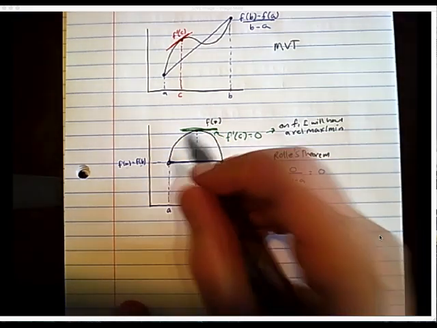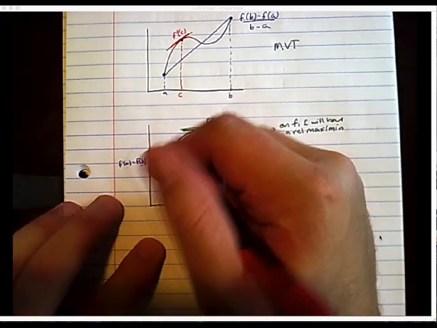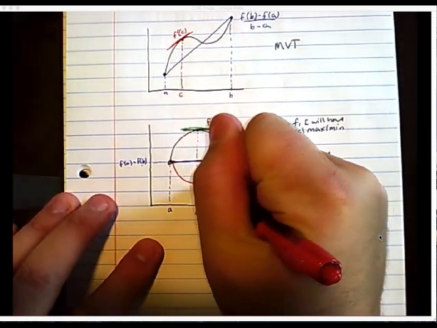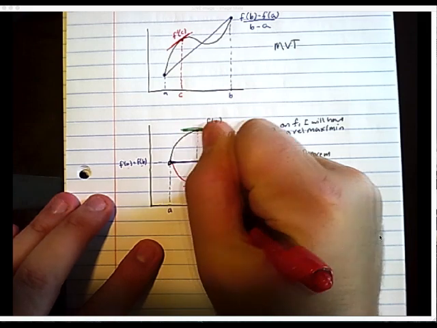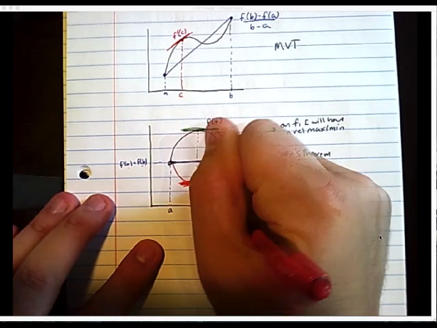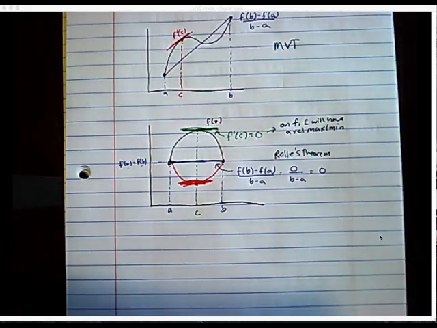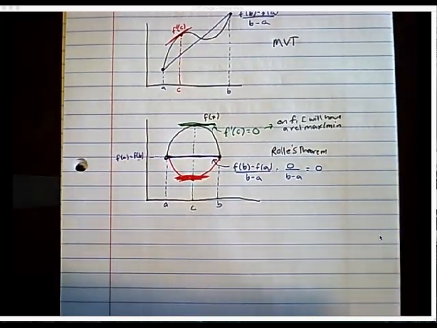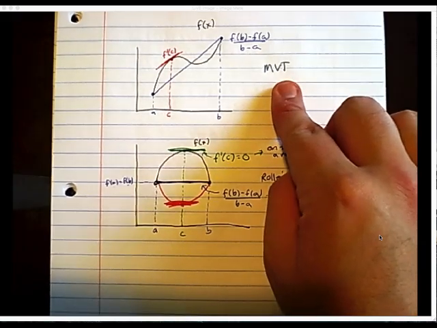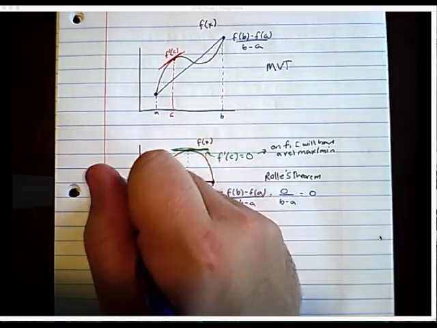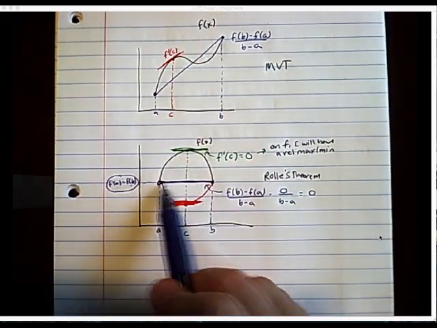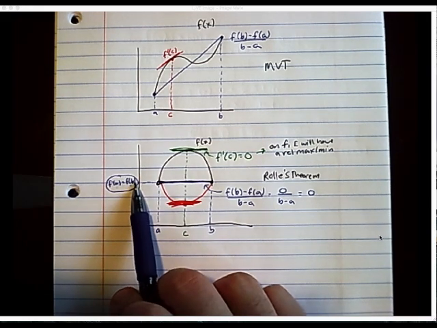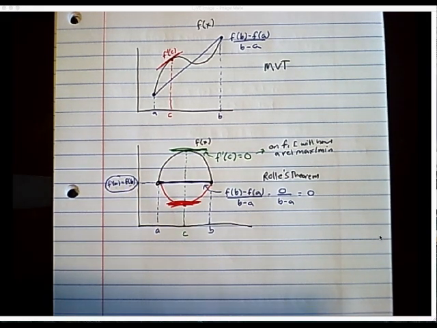Because if I drew the curve the other way, like this instead, then that would be a relative min. But a relative min also has a slope of 0. So that's the only thing different about Rolle's theorem. It's just a special case of the mean value theorem with one extra condition, that the y values of these 2 points are the same. It's just one extra condition. It's not a big deal.